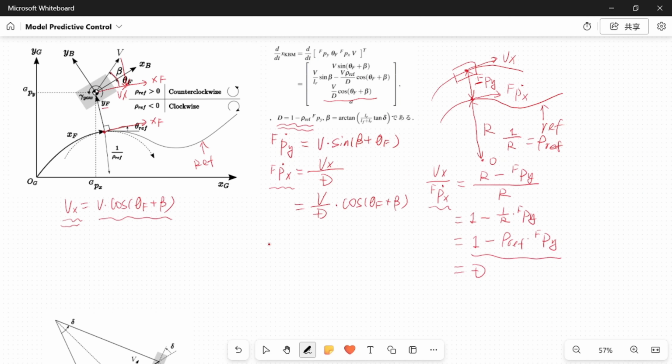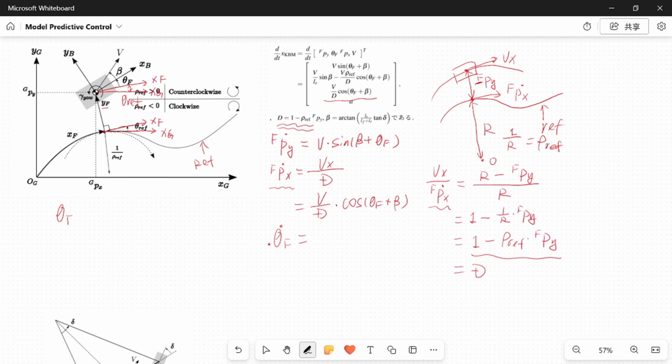Next is theta F dot. Here first I clean the screen. This line here is parallel with the XG axis, so this is theta REF, and this line is parallel with XG, so this angle is theta REF.